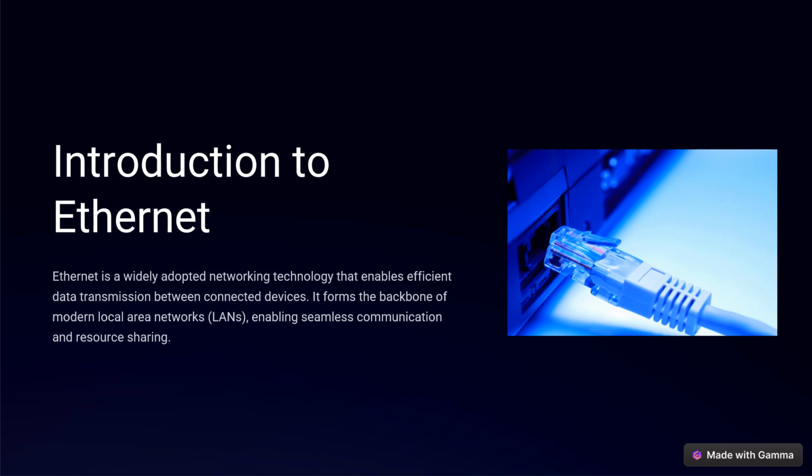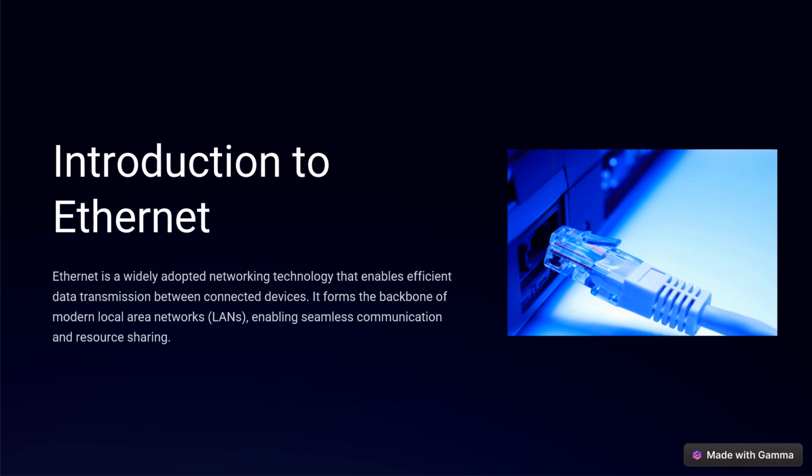Networking devices like switches and routers are crucial components of Ethernet networks. Switches connect multiple devices within the same network, while routers connect different networks and manage traffic between them.